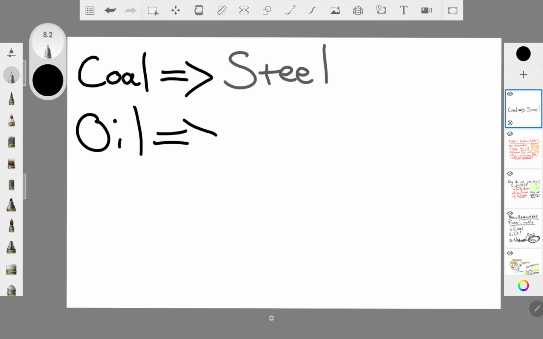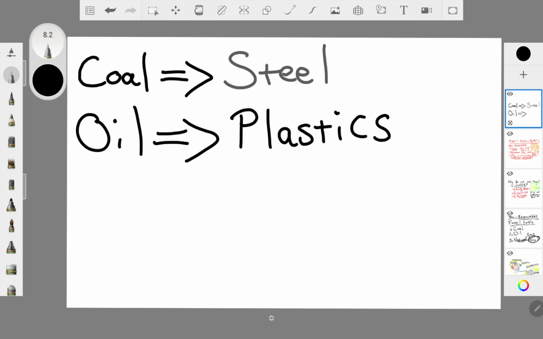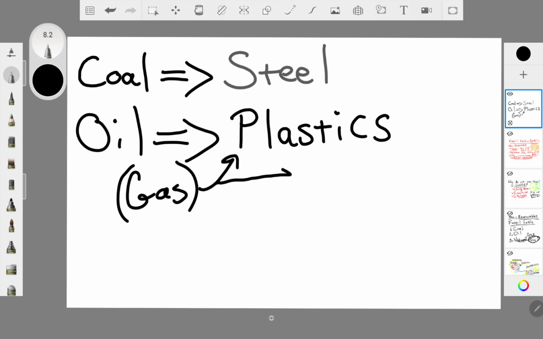Again, even though we burn it for energy and for vehicles, we can use it to make something else. Good. We use it to make plastics, okay? We also use gas to some extent, okay? And oil and gas we also use to make chemicals for things like factories, okay?